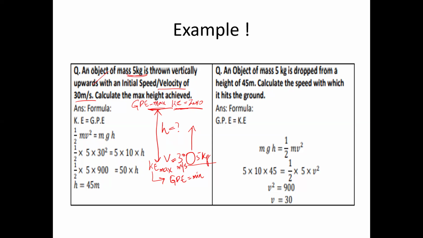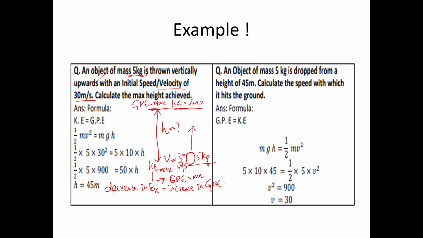So when no air resistance or resistive forces are mentioned, we take that the decrease in kinetic energy will be equal to the increase in gravitational potential energy.